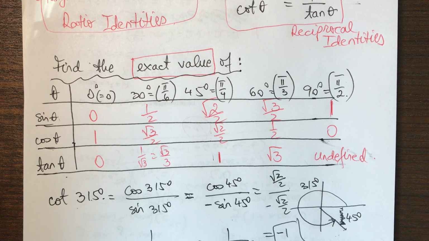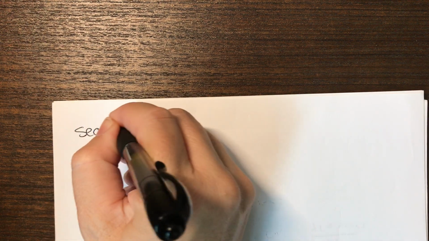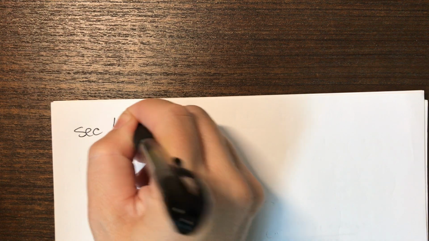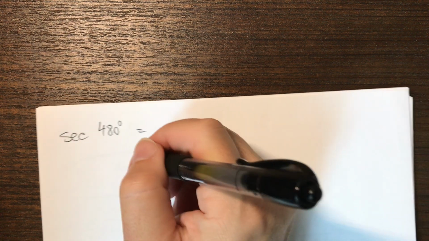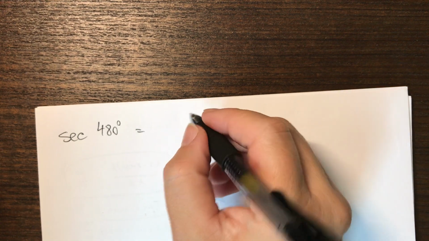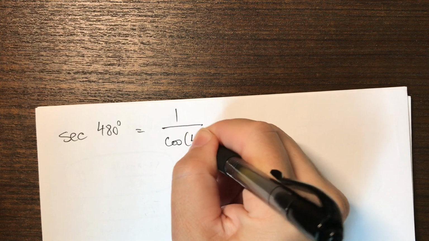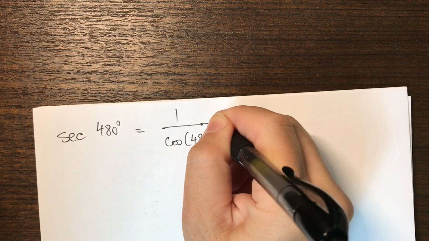Let's do some more. What would be secant of 480 degrees? Well, secant of 480 degrees, first of all, is whatever the reciprocal of cosine of 480 degrees is.